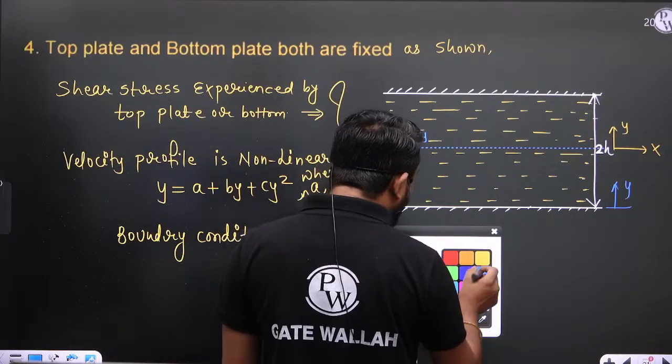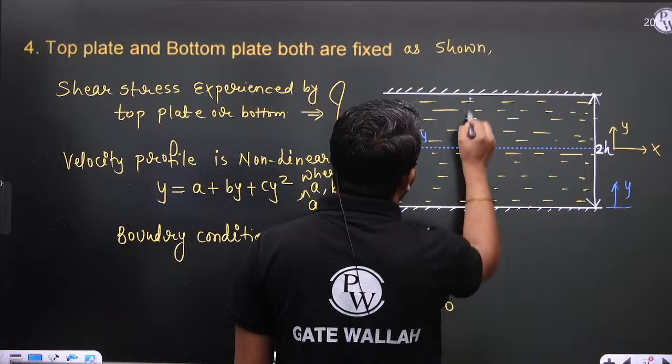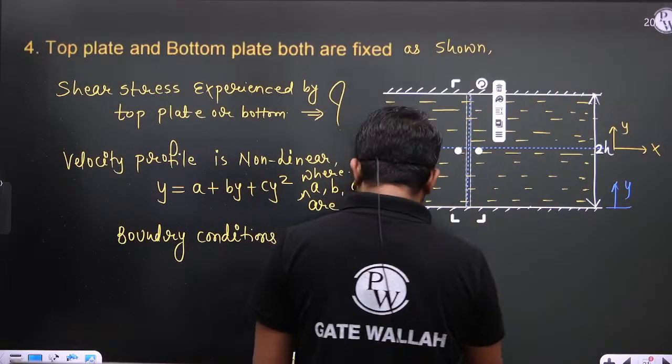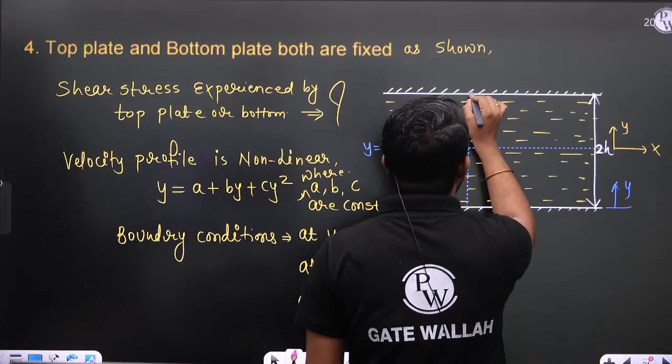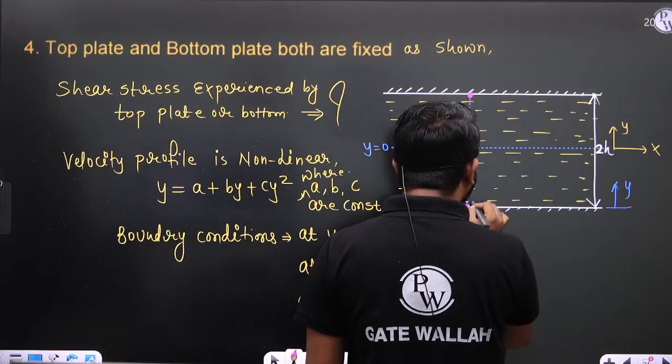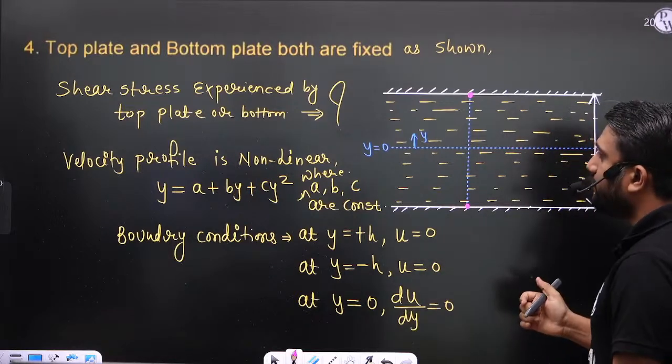So your velocity profile is like this. If I draw the velocity profile, here the velocity is 0, here the velocity is 0, and here the velocity is maximum because du by dy is 0.